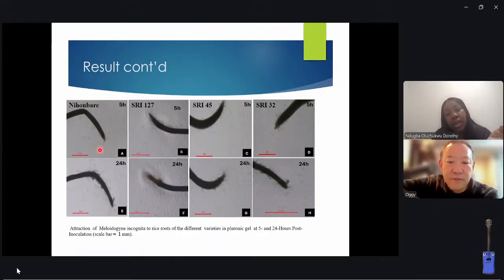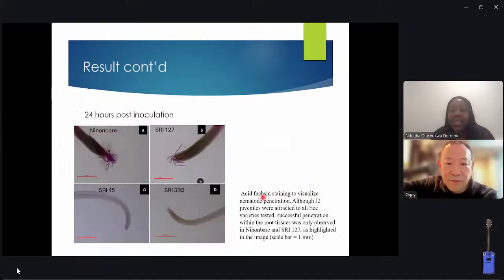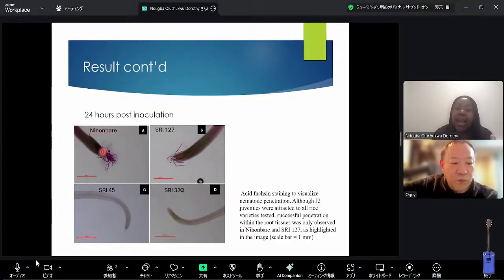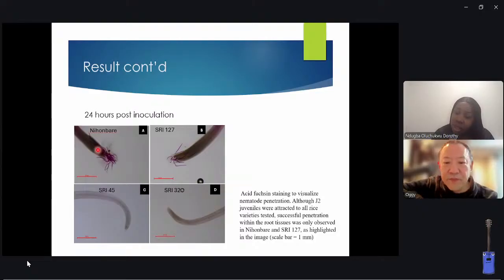But during the 24 hours, you could still see some nematodes at the roots. Then when we did the acid fuchsin staining, we found out that only Neonberry and SRI-127 were penetrated successfully by the nematodes, but they were not able to penetrate SRI 45 and 32.